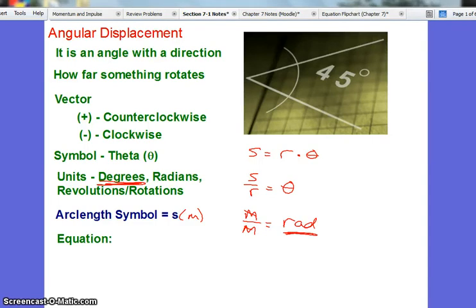And that's how we can get that the unit of the arc length is a meter, unit of radius is a meter, unit of angular displacement is a radian. Whenever something's written beside the radian, you don't say it, you just leave it off, because it's actually a unitless value.